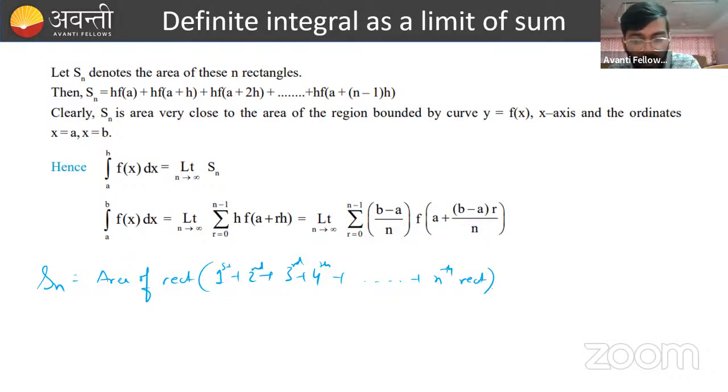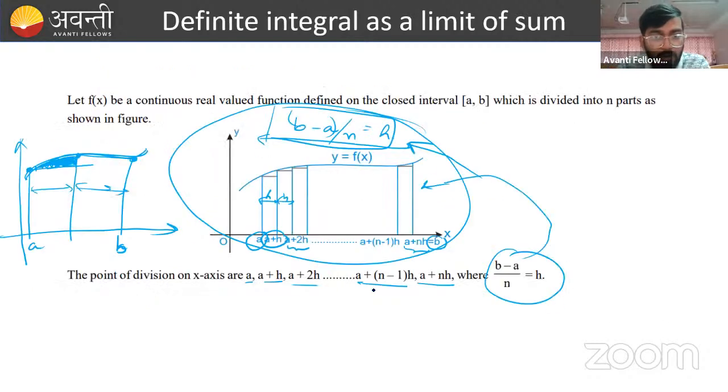Now, for us to find this sum, let's go back to the figure and see here. We know that the breadth of each rectangle is given by h, correct? Now, we want to find the height of each rectangle.